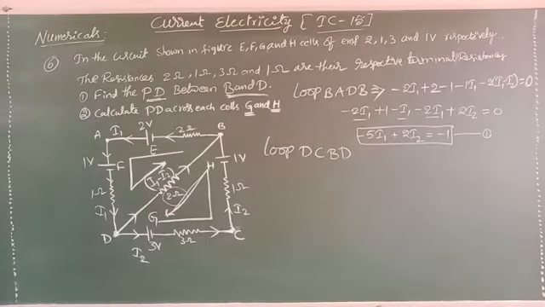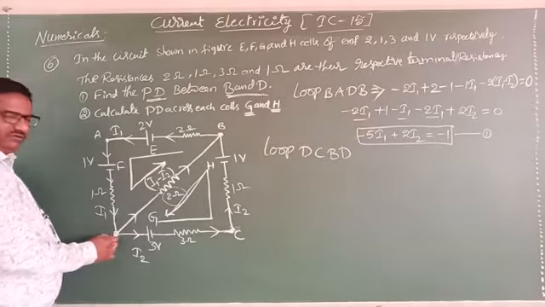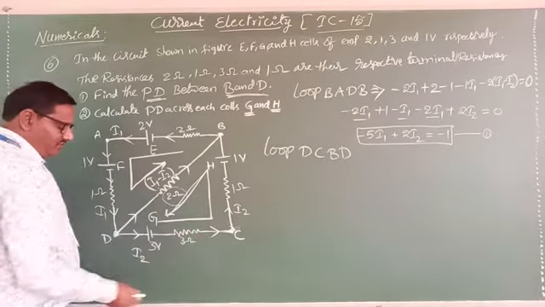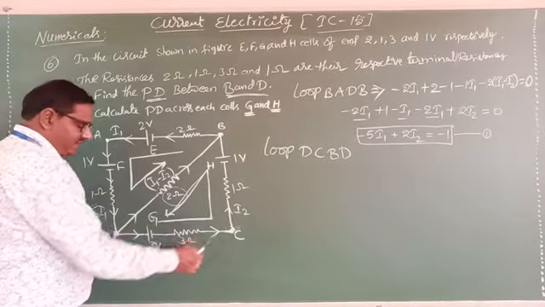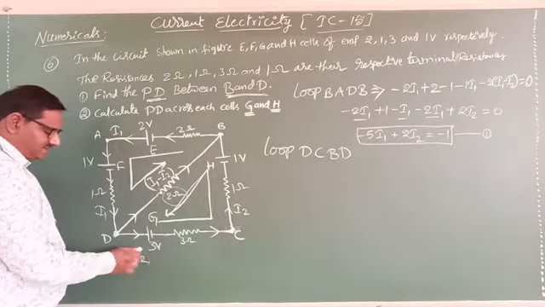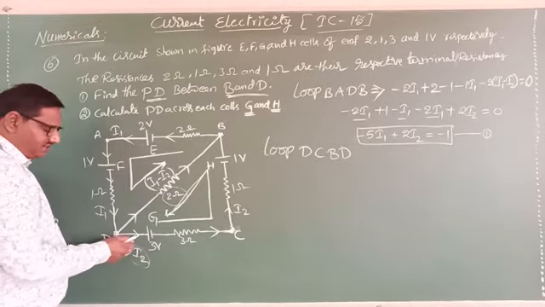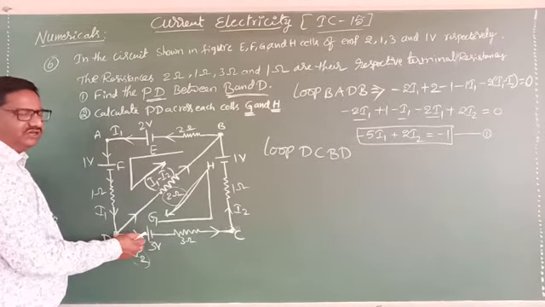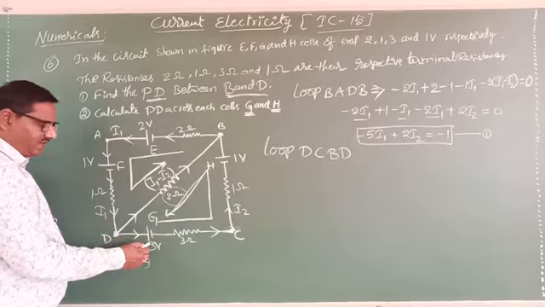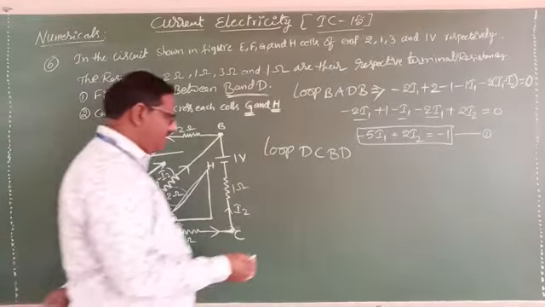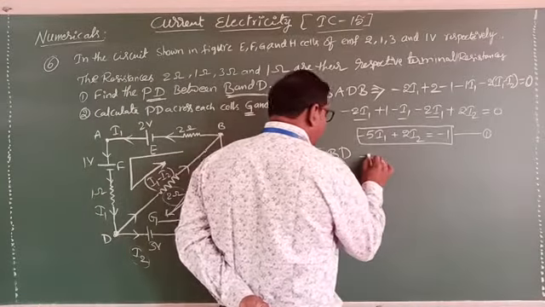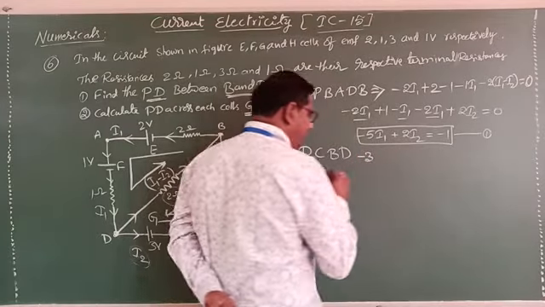Do you follow clearly? Now from D, here I will move. The current is also moving in the same direction. The current will be treated as I2. Now which terminal will it touch first in the cell? Positive terminal. So what do we consider? Negative. So what did I write here? Minus 3.